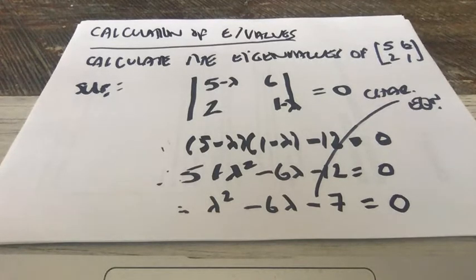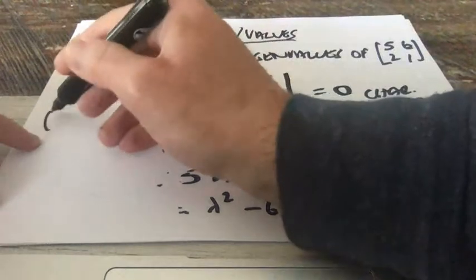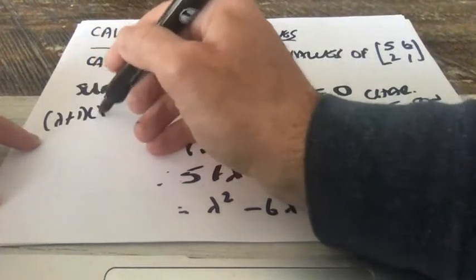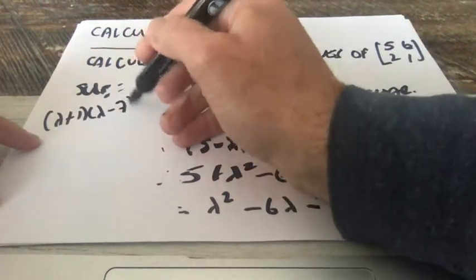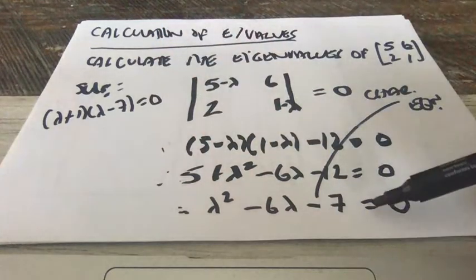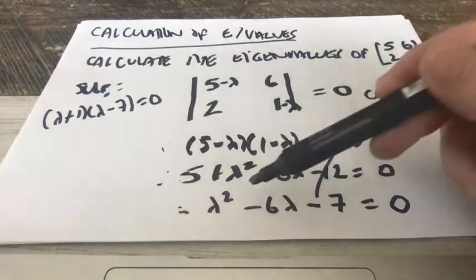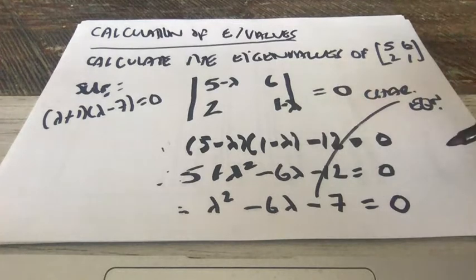Now, guys, I want to factor that. Can I factor that easily? Is it (lambda plus 1)(lambda minus 7) is equal to 0? I just factor this in my head. This is real-time mathematics in front of you guys here. I think that works. You can use the quadratic formula as well, of course, but I think you can factor this pretty straightforwardly.